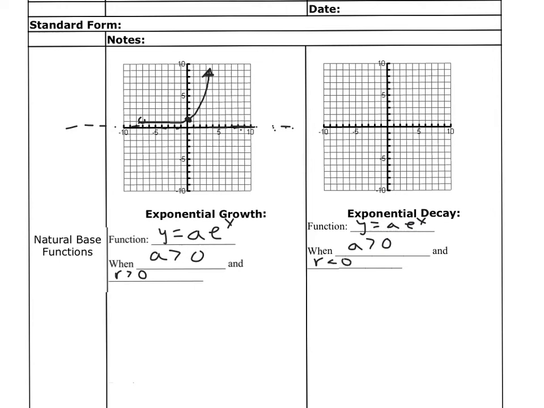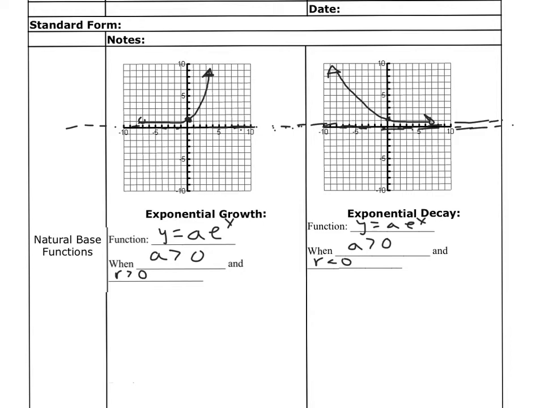And because the r value is less than 0, that causes the graph to slope downward. Okay, but it's not going to pass that asymptote once again. It'll get close to it, but it will never cross it. And the asymptote is, of course, the x-axis, okay?